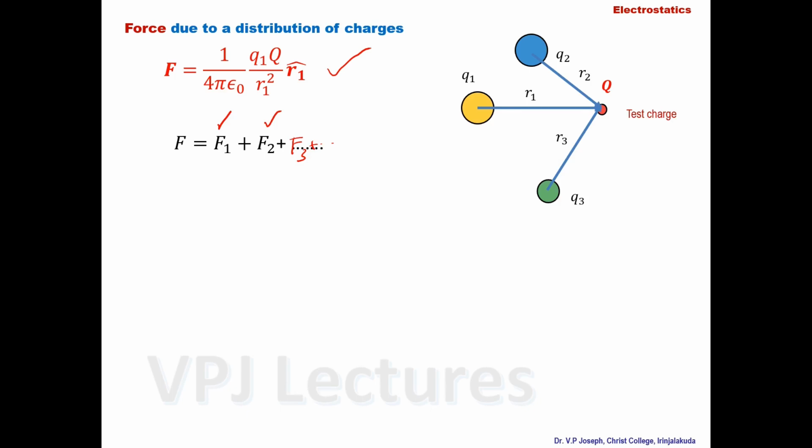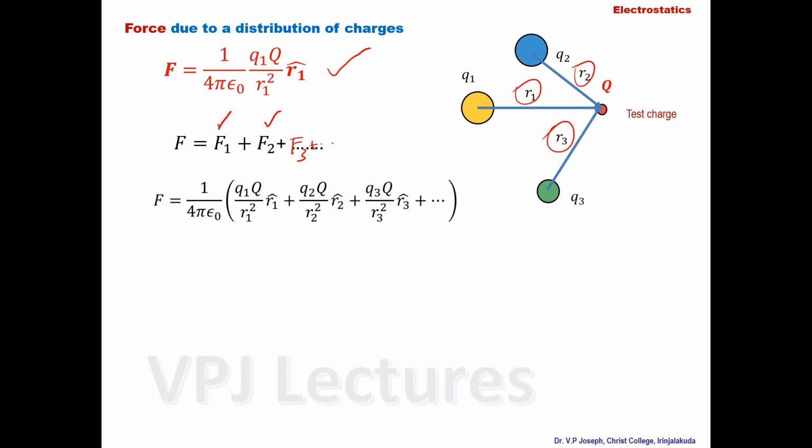The first is at a distance r1, then second r2, third r3, etc. So that the total expression for force becomes F is equal to 1 by 4 pi epsilon 0 times q1 q divided by r1 square r1 hat, plus q2 q divided by r2 square into r2 hat, plus q3 q divided by r3 square into r3 hat, plus etc.